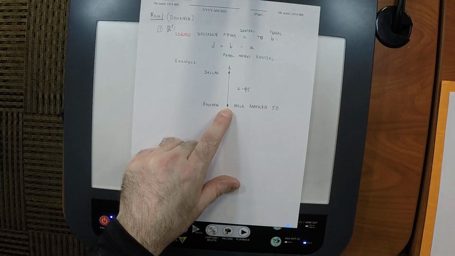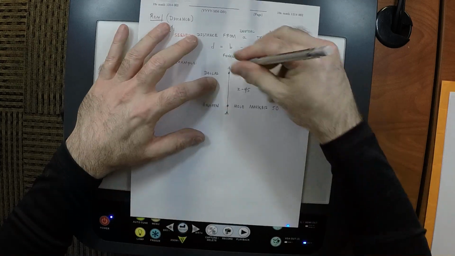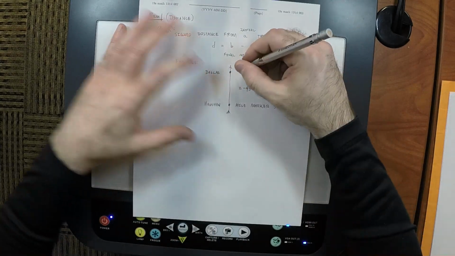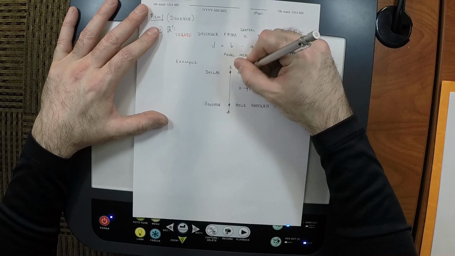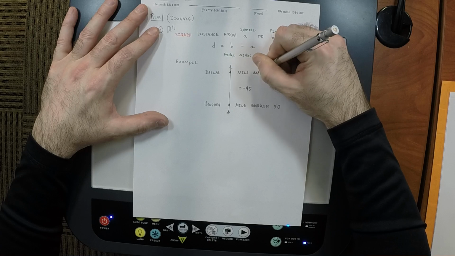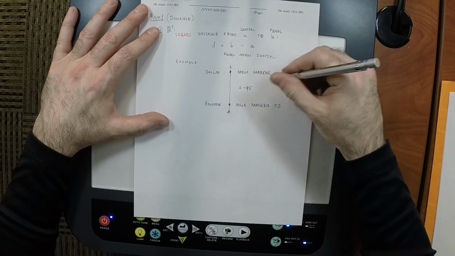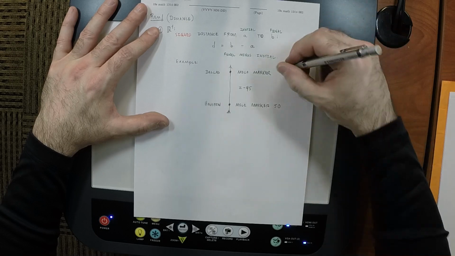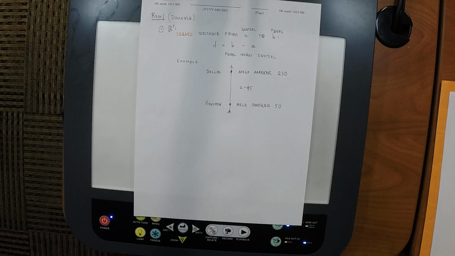I have no idea if there really is a mile marker 50 in Houston city limits. And then suppose that this point is at mile marker, what? 230. All right. So there's a nice little drawing there.